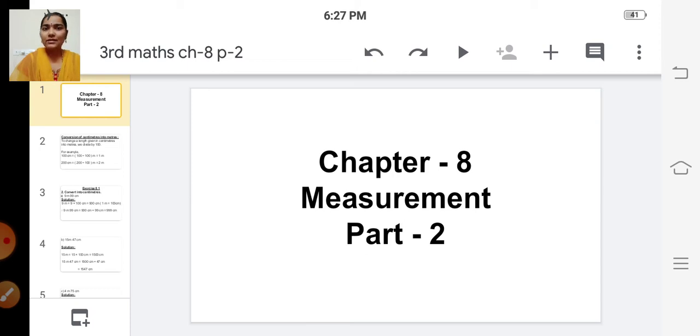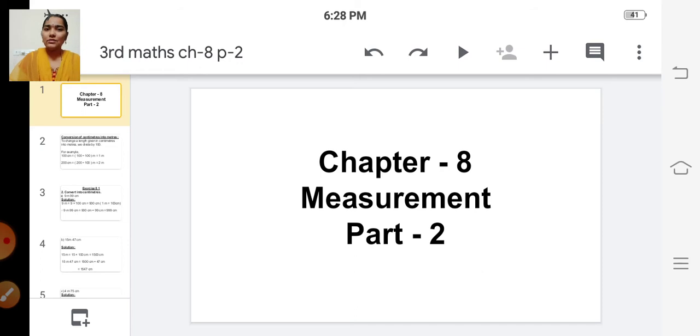At the same time, to convert smaller unit into bigger unit, we have to divide. These are the two things you have to remember. This is the common thing for all units: centimeter, meter, or gram, kilogram, or milliliter, liter.